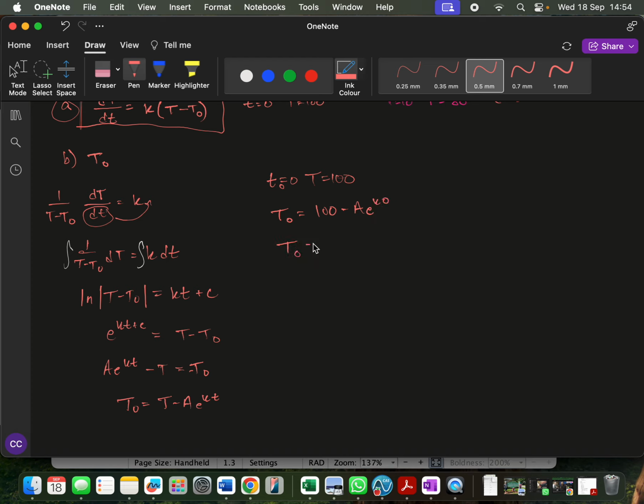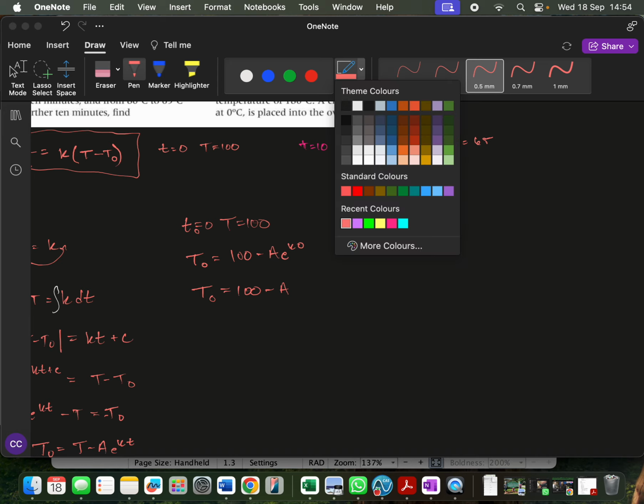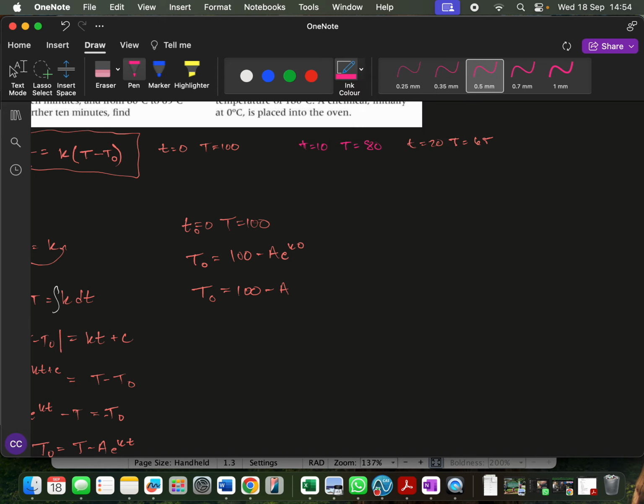So the initial temperature is 100 minus A. Okay, let's do that with these other ones as well and see if we can see a pattern here or something we can use. So the time is 10 minutes later. The temperature is now 80 degrees. So the temperature of the lab turns into 80 minus A e to the 10k.